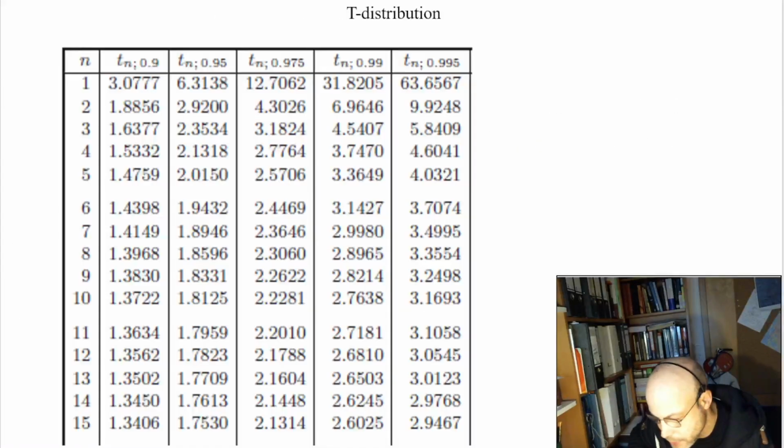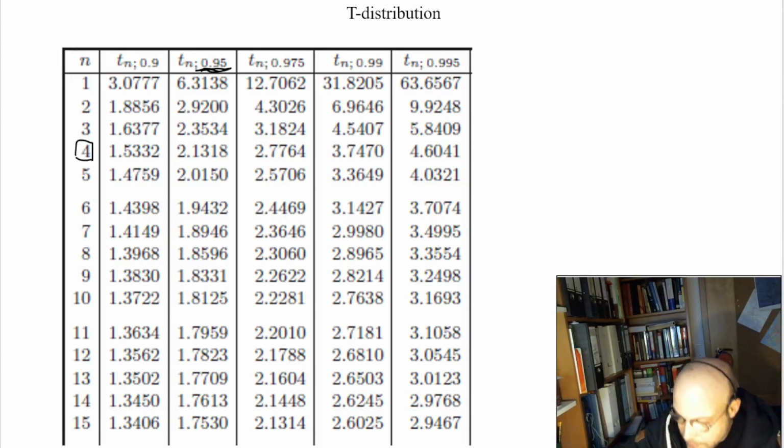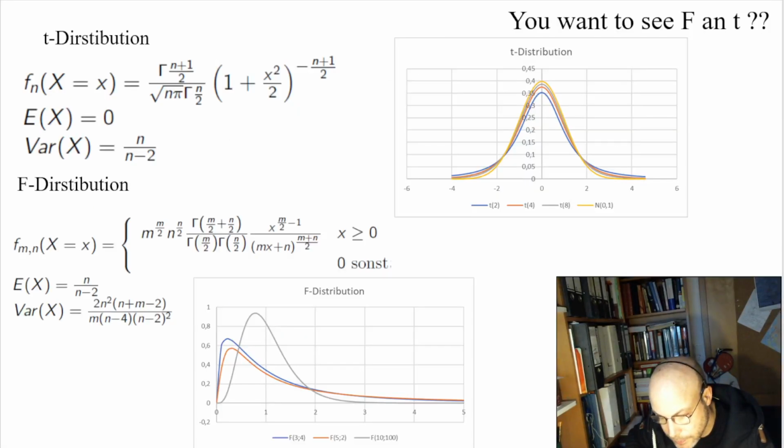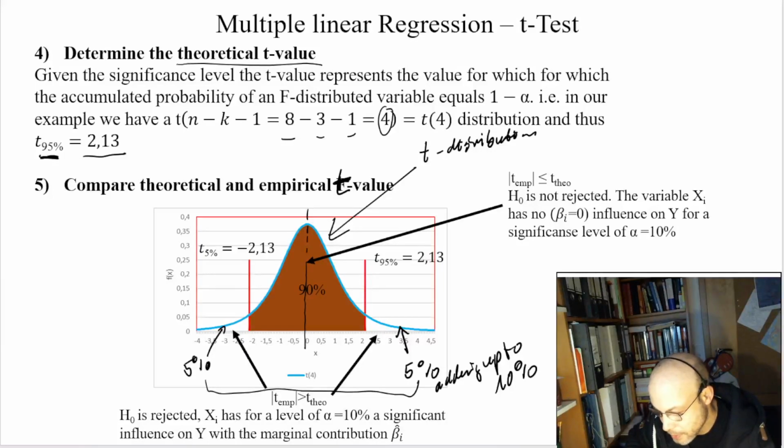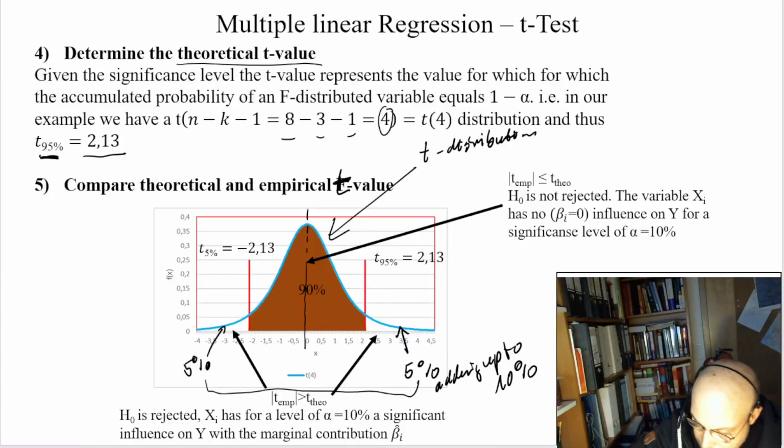And I show you the t-distribution. So what we have to look at here is 95% and the value of 4. So we have here 2.13 as the theoretical value. So then we have 2.13 and we have to compare this with our empirical value.